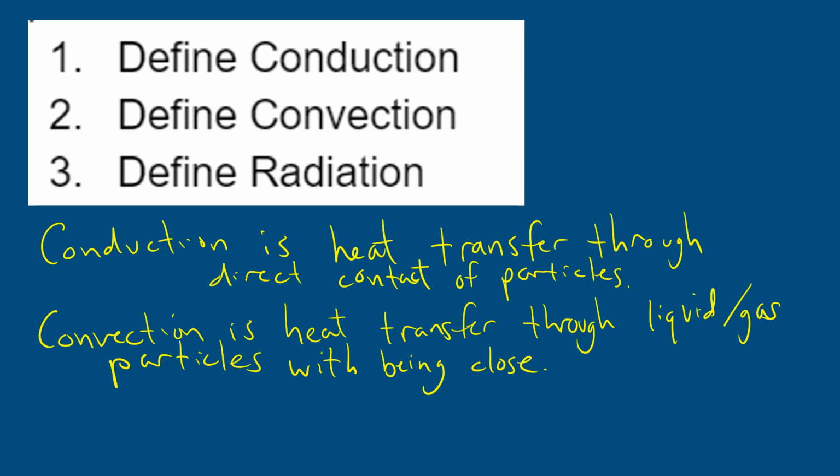Okay, and I want to remind you that these convection currents are going to travel up and down in little pathways where the high energy particles move upwards because they have a lower density, and then they drop off their energy, and then they come back down. So again, there's no direct contact that is needed.